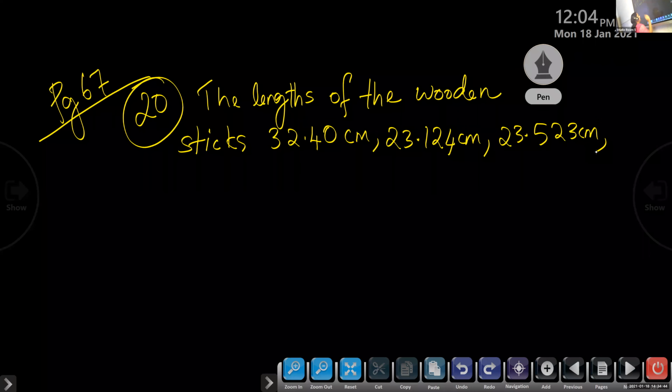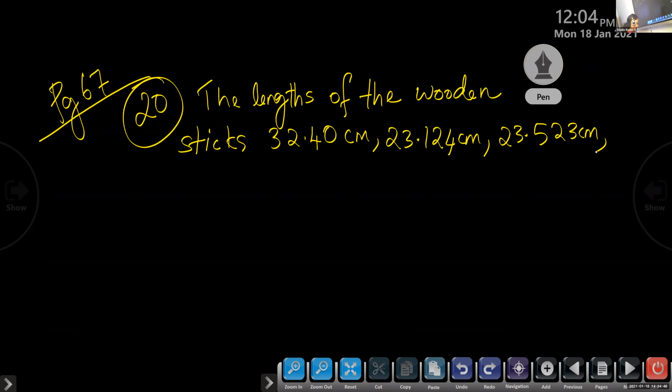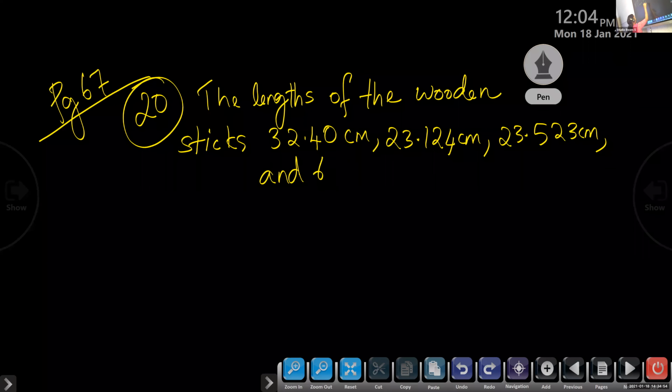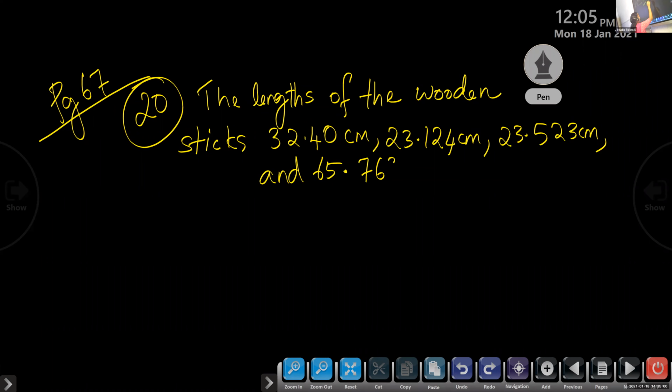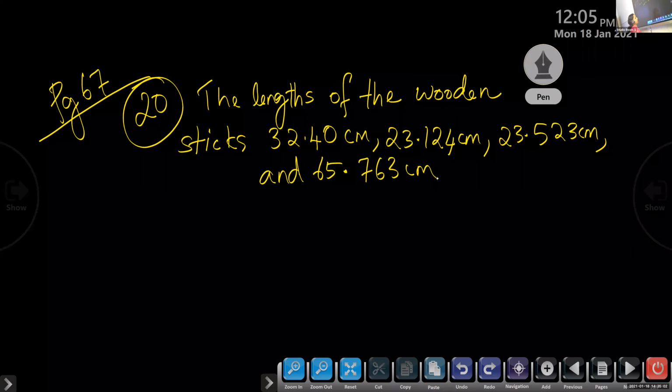Please put the decimal point clearly, okay? 23.523 centimeter and 65.763 centimeter. So we have just written what is given.